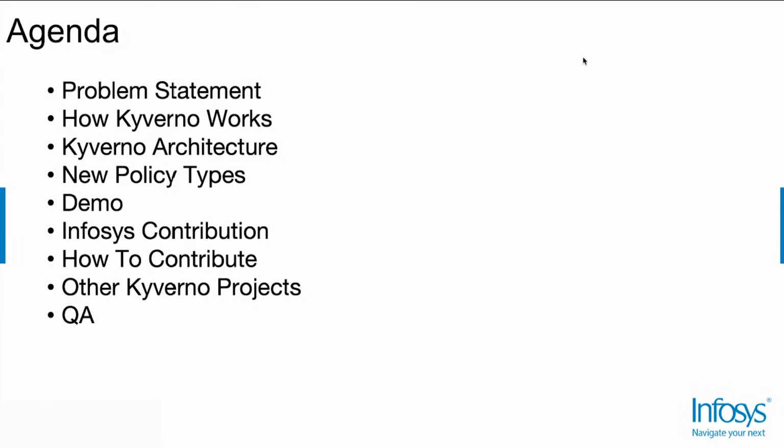And then we'll hand off to Akbaram to do the demo and showcase of the new policy types in action via the Kyverno Playground. He will also talk about his contribution experience at Infosys. And then we're going to talk about how you could start contributing to open source projects like Kyverno. We'll save the last 10 minutes for the Q&A session.